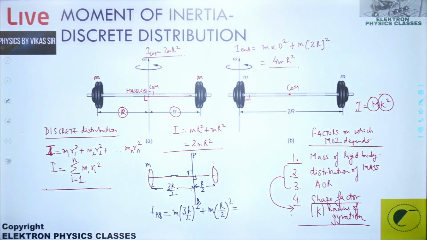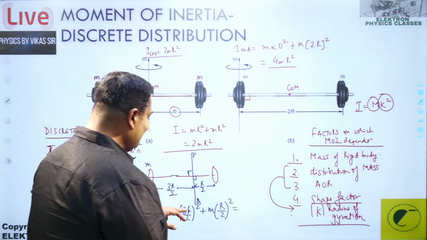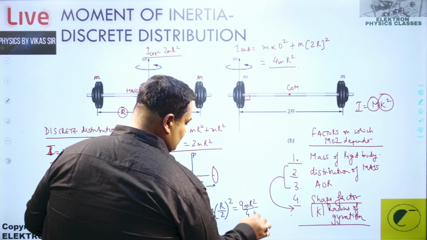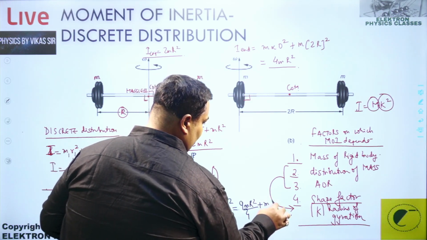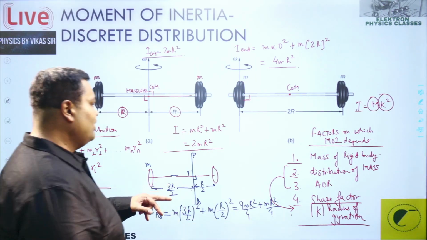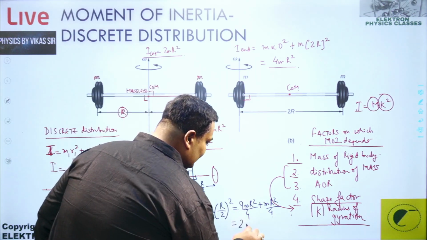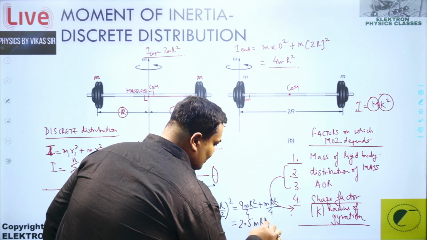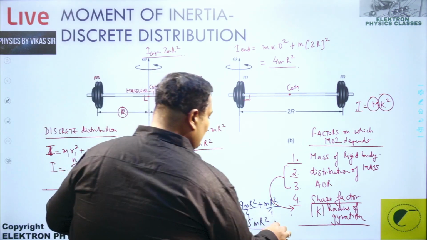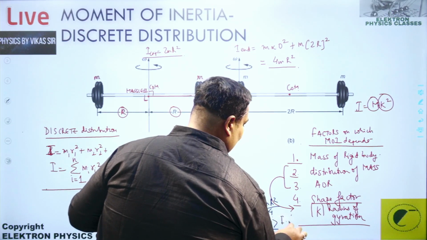Right? Now check this. This becomes 9 mr square by 4 plus from here mr square by 4. So that becomes 10 mr square by 4, and 10 by 4 will be 2.5. That is 2.5 mr square. How much? 2.5 mr square. Still it is coming more than ICM.